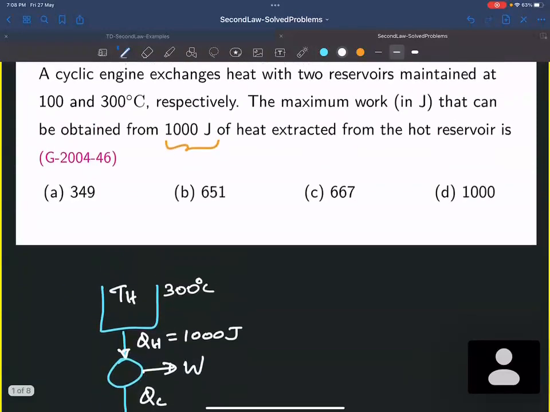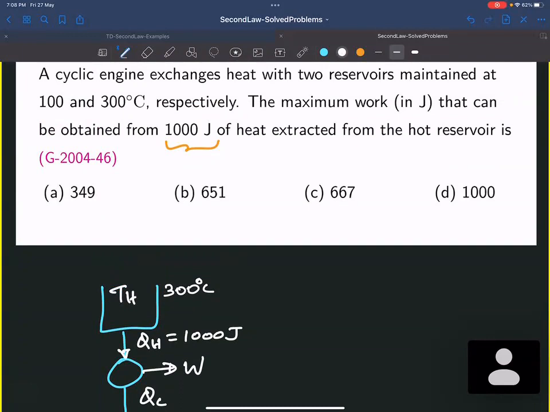So how to find the maximum work? The maximum work is obtainable from a heat engine called a Carnot engine. So we should write the formula for the Carnot cycle.